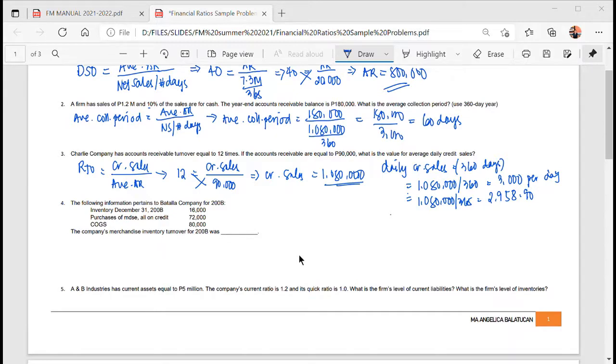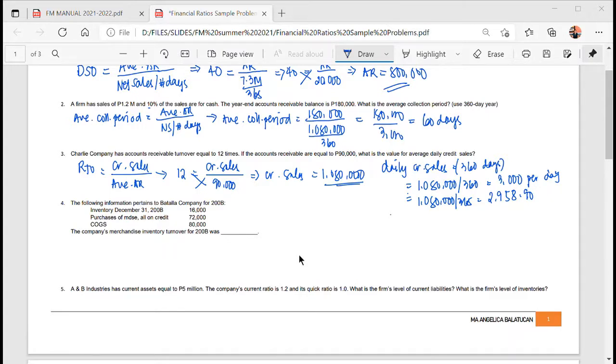But if the problem is multiple choice, you can identify which one is being used by looking at the choices, because it's unusual that they provide the two answers using both 365 and 360.